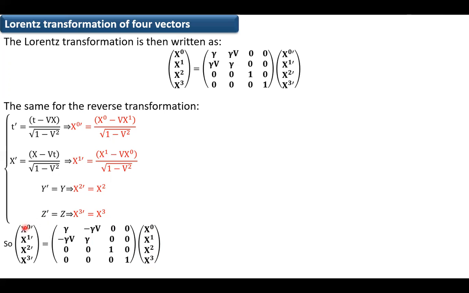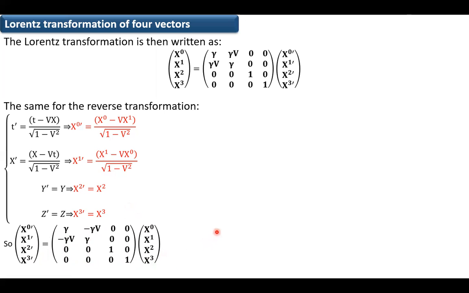So x0 prime is equal to gamma x0 minus gamma v x1 plus 0 x2 plus 0 x3. x1 prime is equal to minus gamma v x0 plus gamma x1 plus 0 x2 plus 0 x3. x2 prime is equal to 0 x0 plus 0 x1 plus 1 x2 plus 0 x3. x3 prime is equal to 0 x0 plus 0 x1 plus 0 x2 plus 1 x3.